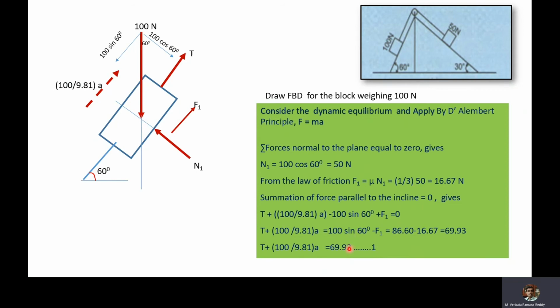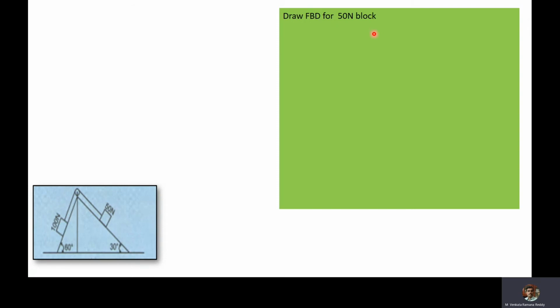Next we will move towards drawing the FBD for the 50 newton block. This is the 50 newton block and this is the incline. The inclination with the ground is 30 degrees.